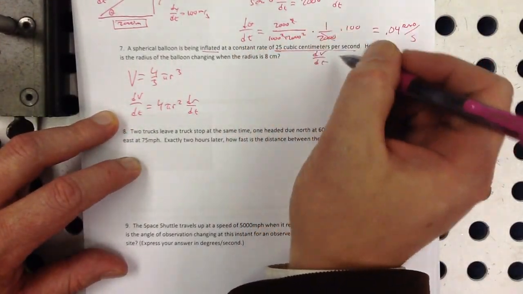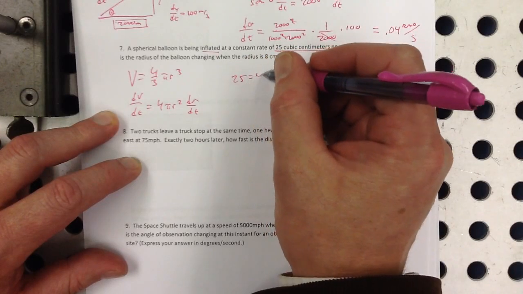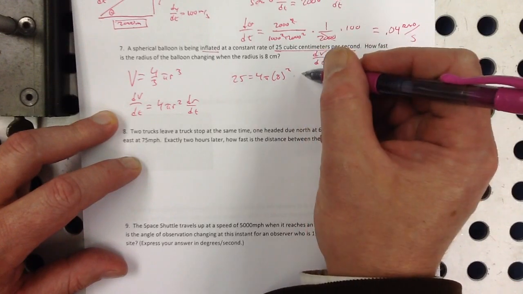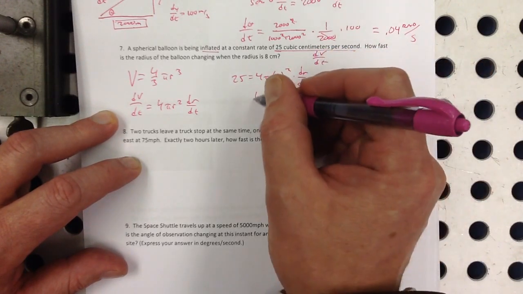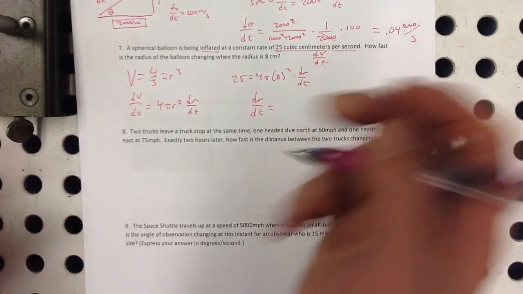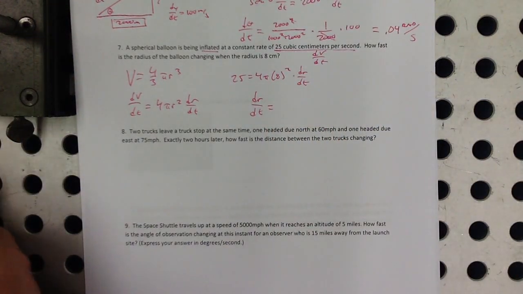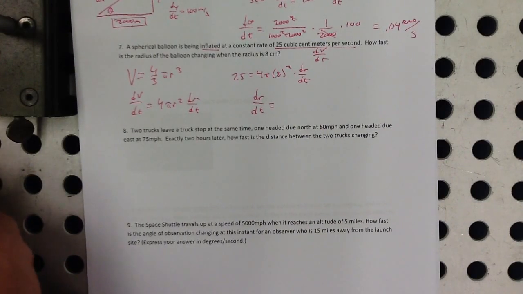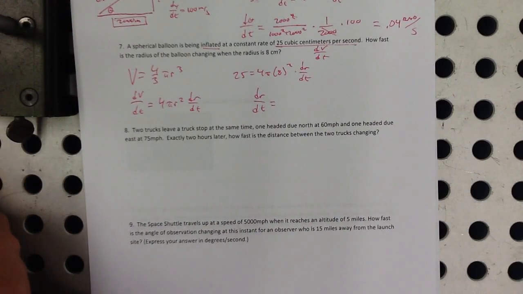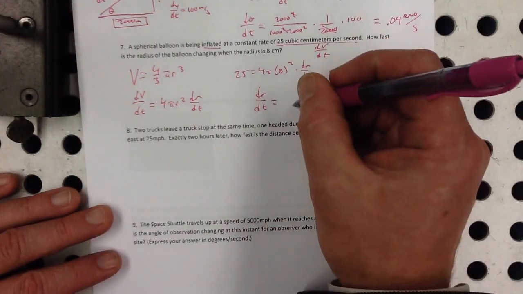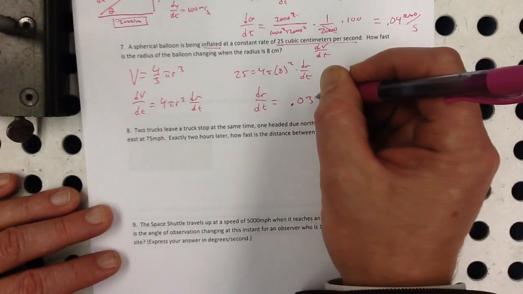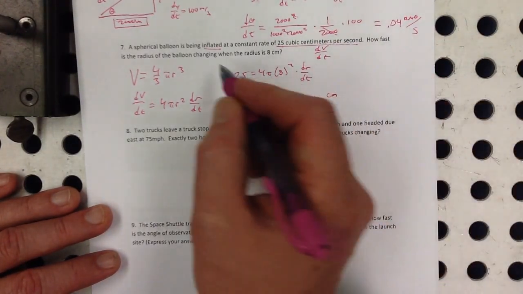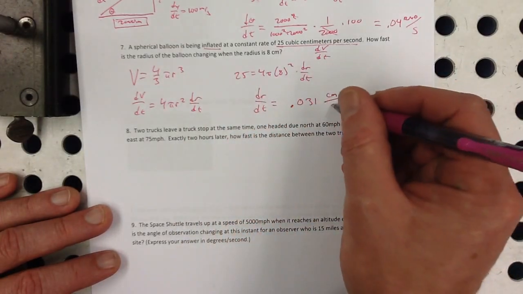So, let's see, dV/dt is 25, equals 4 pi times the radius 8 squared times dr/dt. So dr/dt is 25 divided by 4 pi times 8 squared. So 0.031. The radius is measured in centimeters, and time is being measured in seconds.